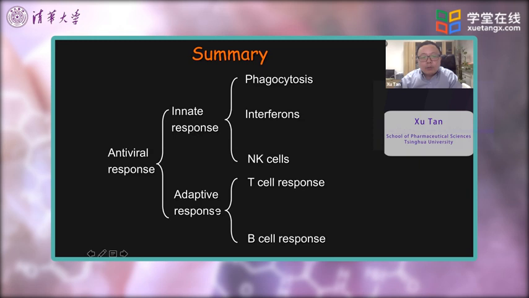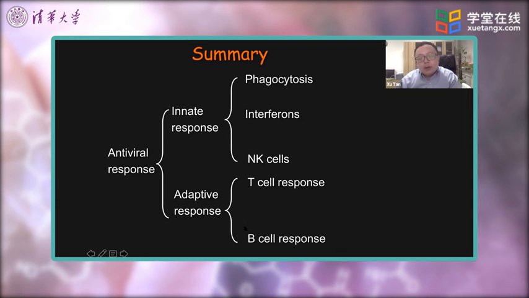The adaptive response can mainly be characterized as T cell responses as well as B cell responses. Keep in mind the B cell response is also dependent on the T cell responses, mainly the CD4-mediated B cell activation.